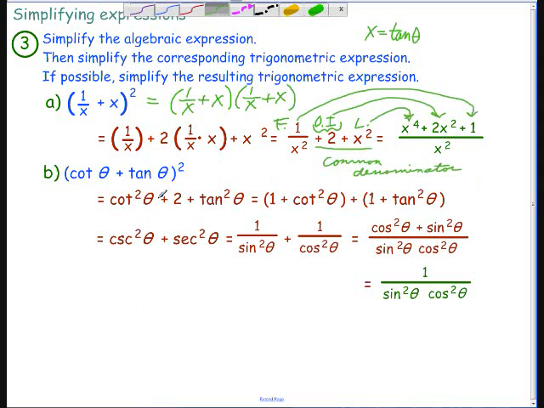I have cotangent squared plus 2 plus, yeah, that's actually right here.